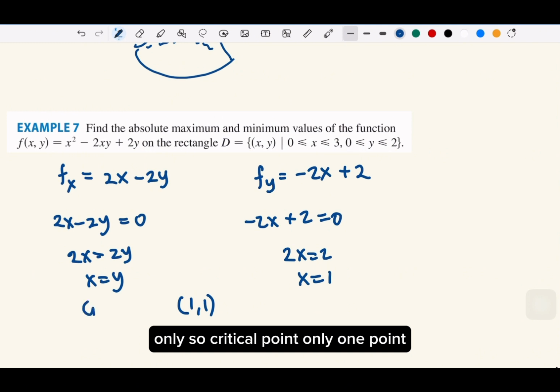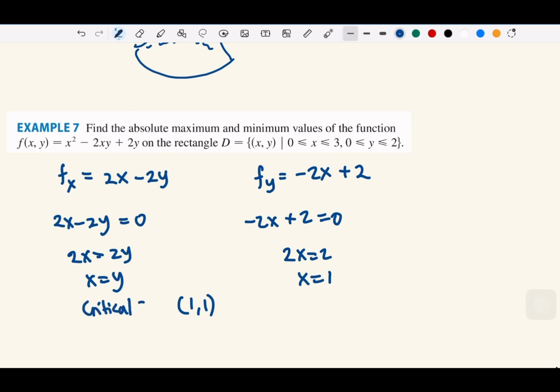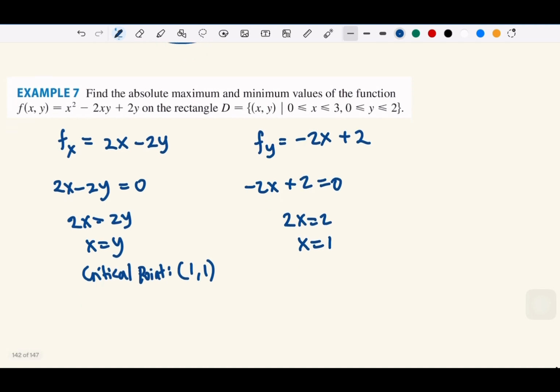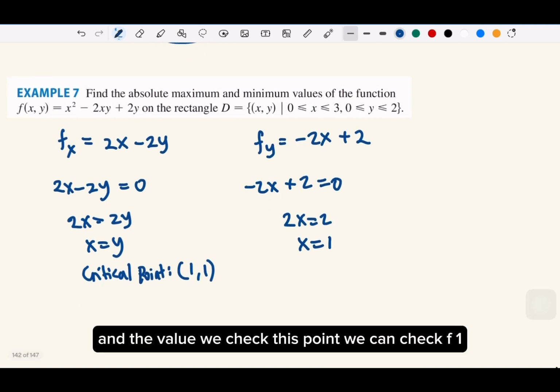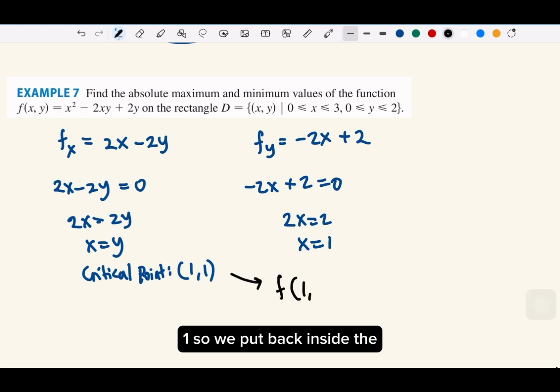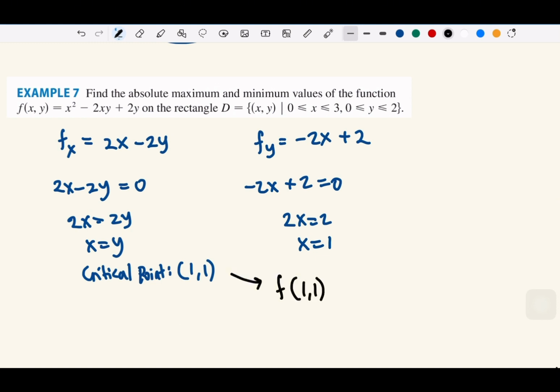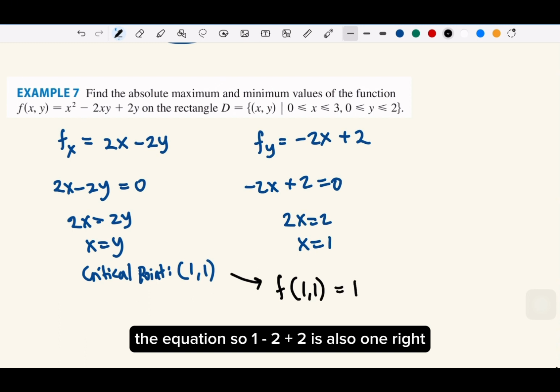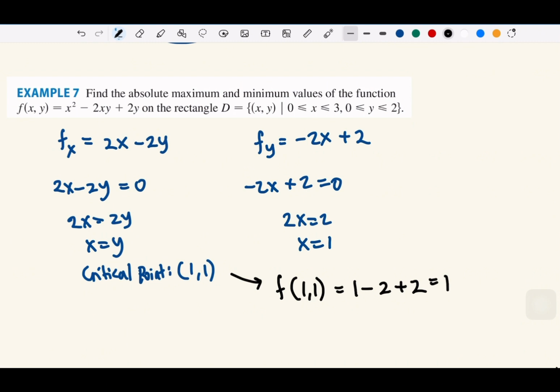So the critical point is only (1, 1). And for the value, we check f(1, 1). We put it back into the equation, so 1 minus 2 plus 2 is 1, right?